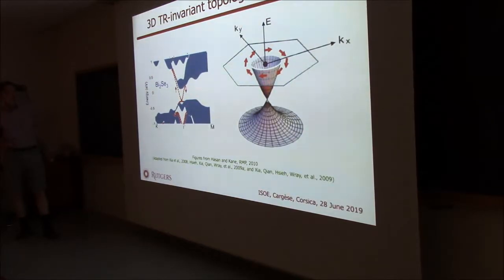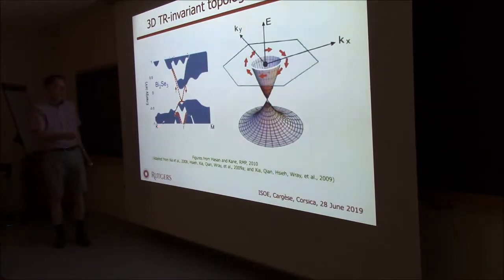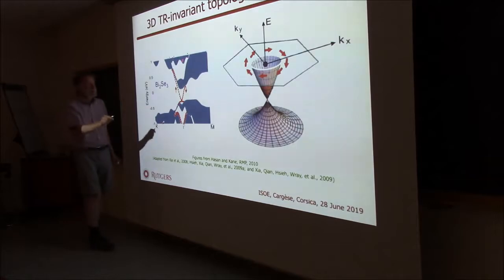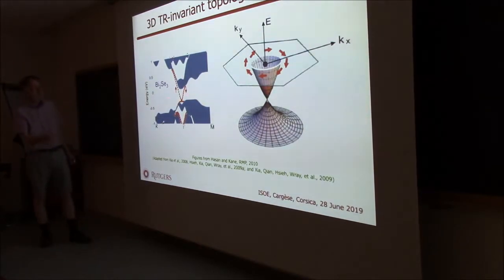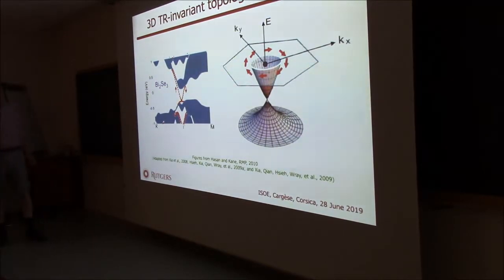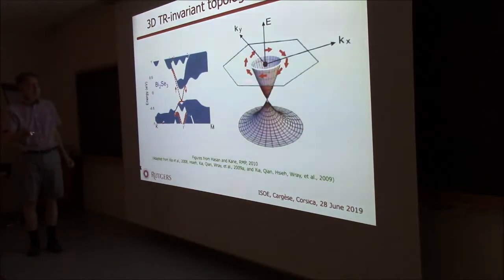So basically, the picture is like this. This is a theoretical calculation of what the surface bands look like. This is gamma along some directions in k-space. These are two different directions in the perpendicular plane for some particular surface of bismuth selenide. And you see this Dirac cone, the closure of the Dirac cone is almost in the valence bands, but if you cut somewhere, this is an idealized picture of what the Dirac cone looks like. And then this is the spin helicity part of this story.